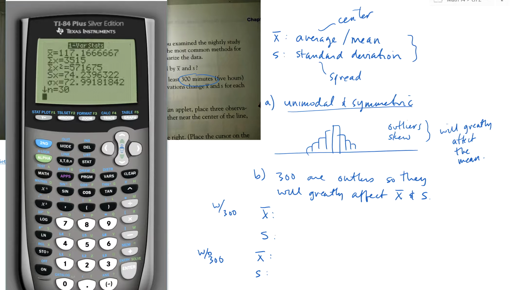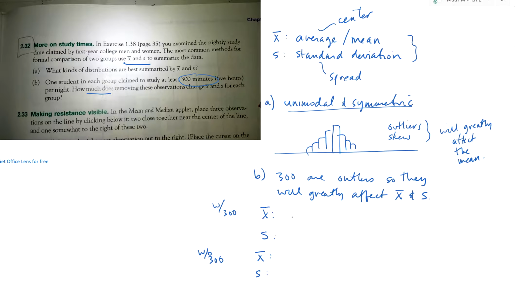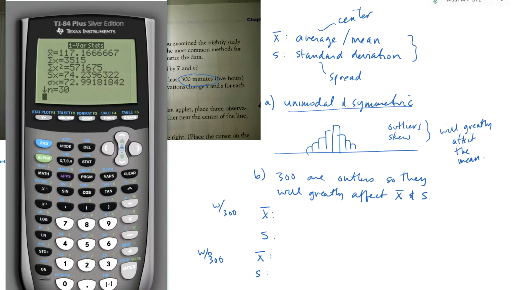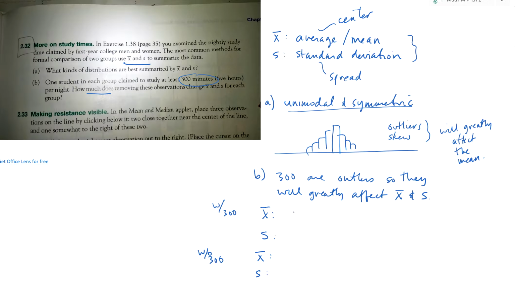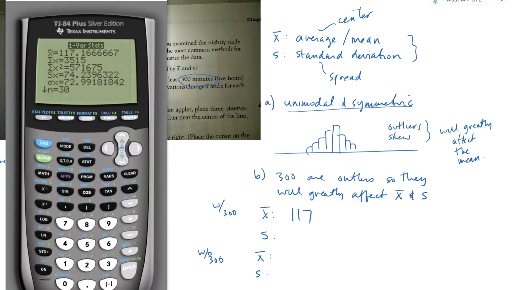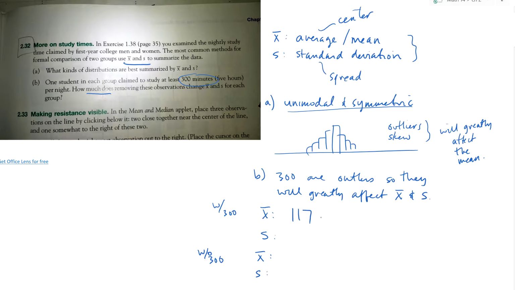Calculate, go. There we go. So when I do this, X bar is 117. I keep hitting the wrong buttons with my fingers. When I do this, it closes it. X bar is 117.17. Sorry about that. I'll figure out how I can keep that on the screen and still work on this.